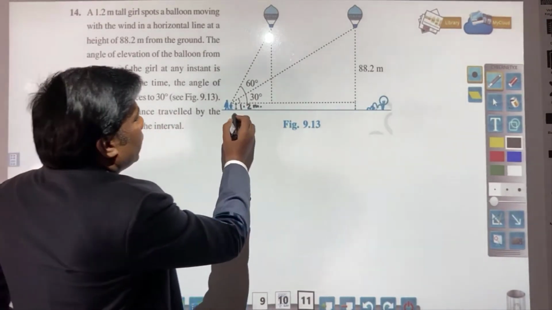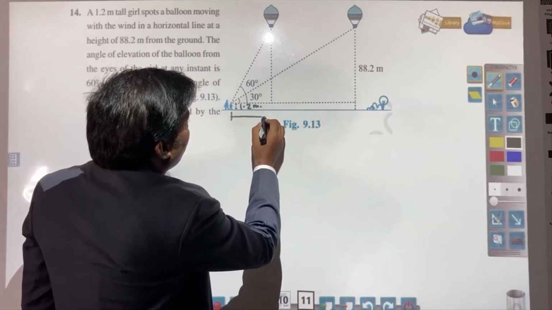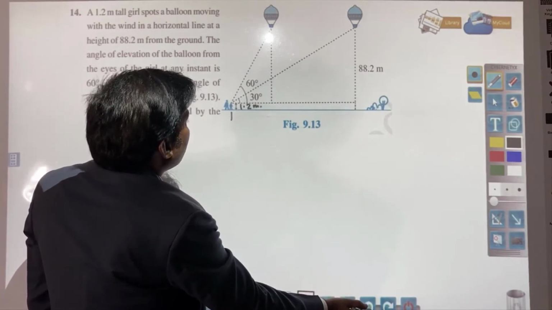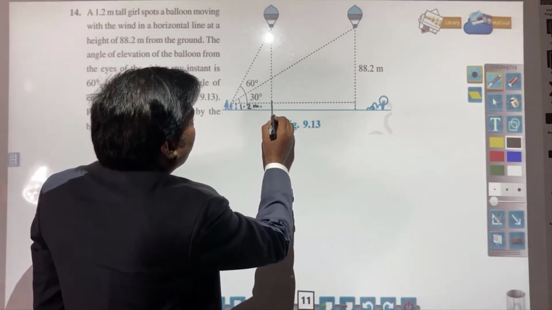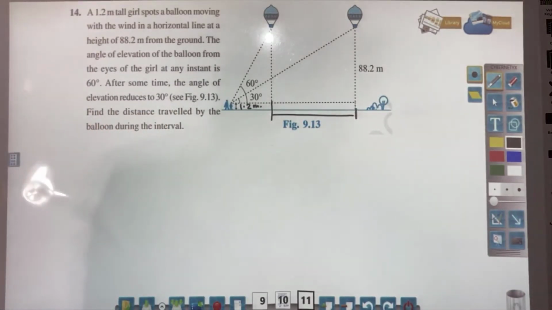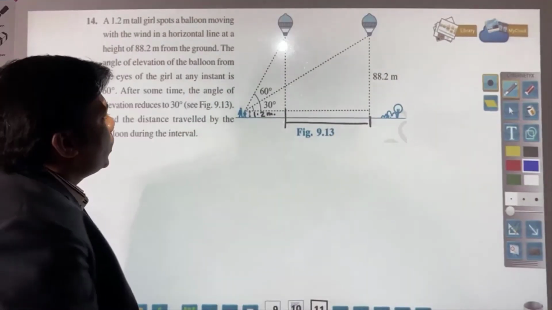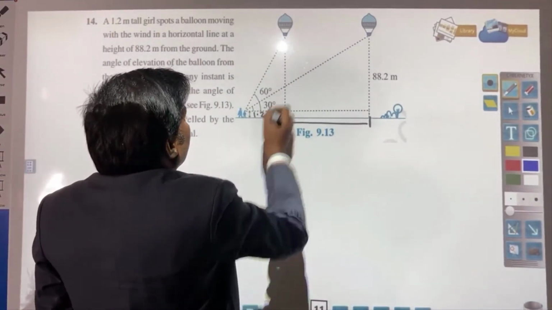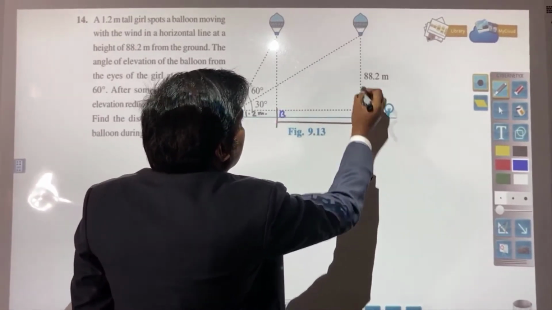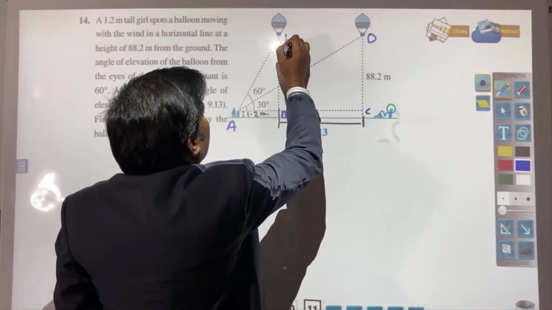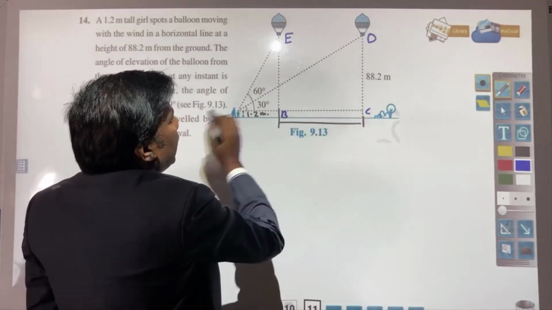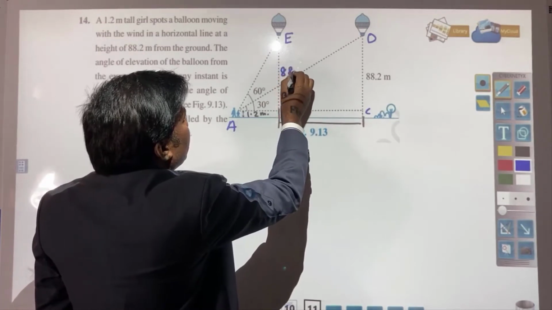So you need to find the distance travelled by the balloon, from here to here. We will name the points A, B, C, D and E. Since DC and BE are equal, this is 88.2 meter.